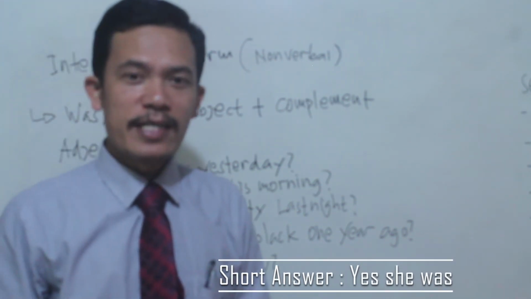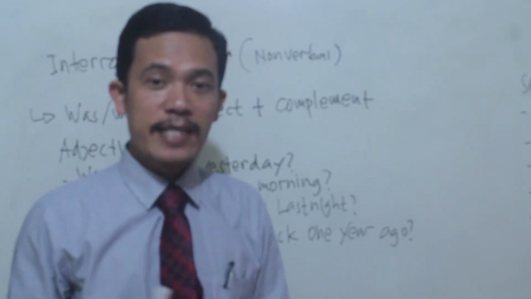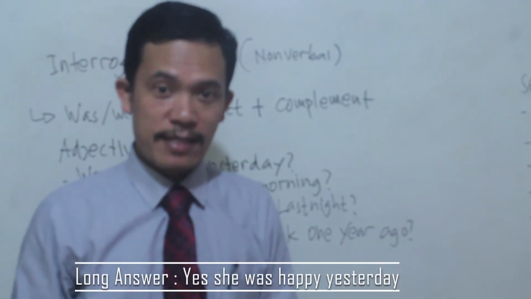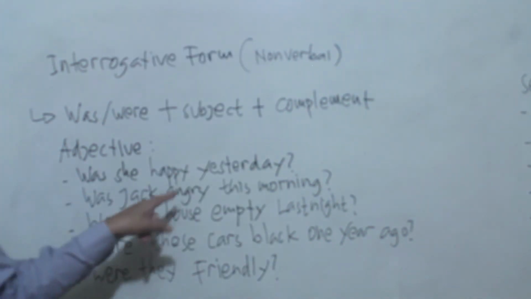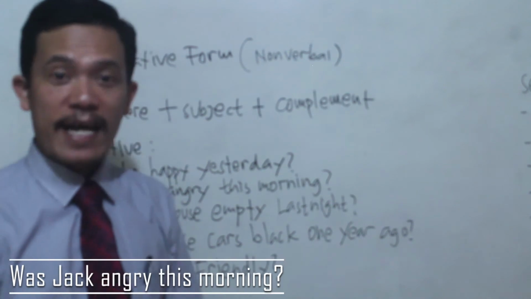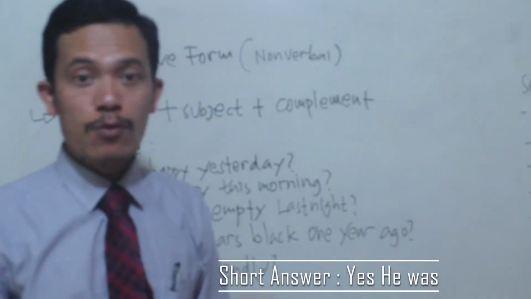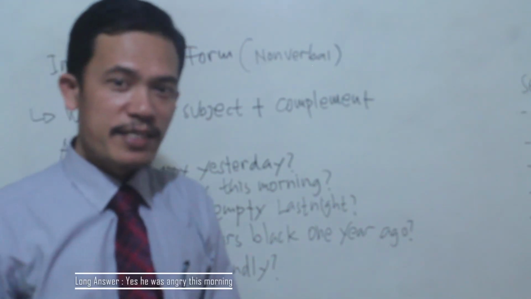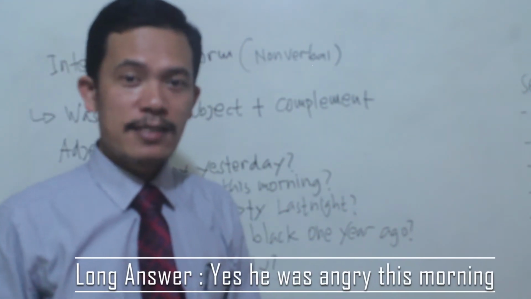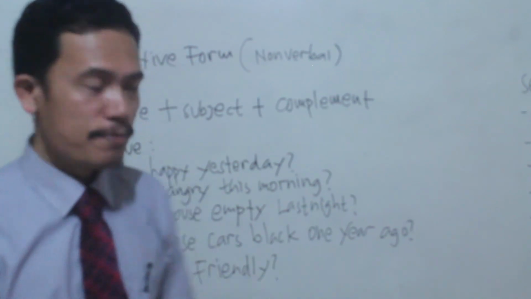In a longer way, we can say yes, she was happy yesterday. Was Jack angry this morning? In a short way we can say yes, he was. In a longer way we can say yes, he was angry this morning.